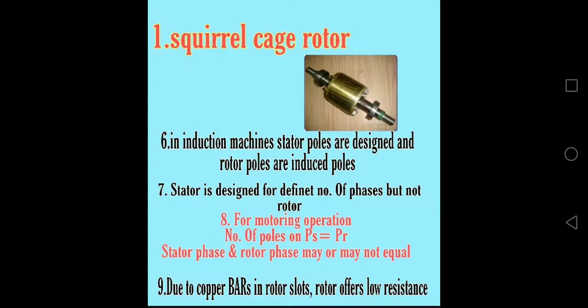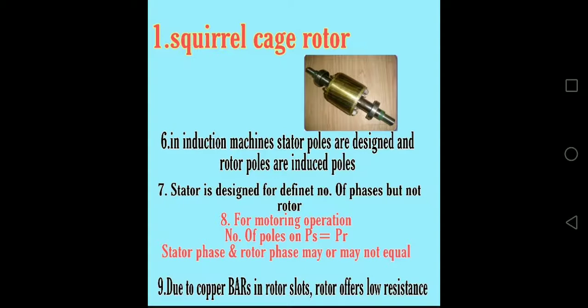Again, it is for the squirrel cage induction machine. In a squirrel cage induction machine, poles are induced poles. The same number of poles as on the stator are projected in the rotor by the induction process. And if the stator is designed for 3 phases, the rotor may or may not be equal.